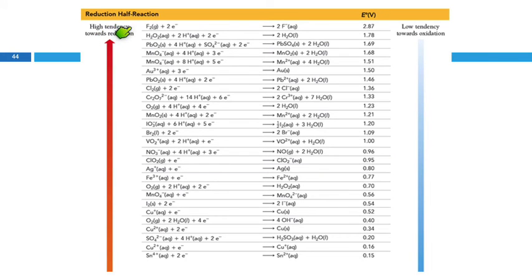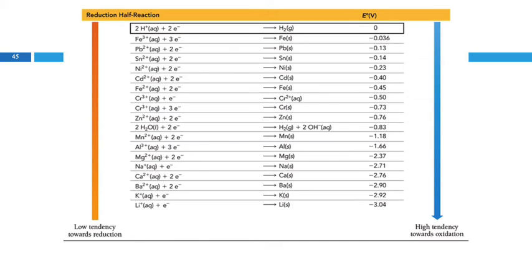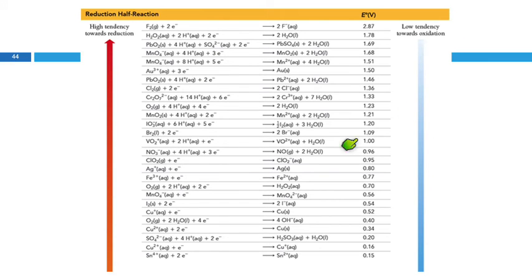So the reduction half reactions, these have a high tendency toward reduction, and it goes to a lower tendency towards reduction. These go from positive down to negative. So if I want a combination of two things to have a positive sum, I'm going to reverse the lower one to make it positive and add it to the higher one.